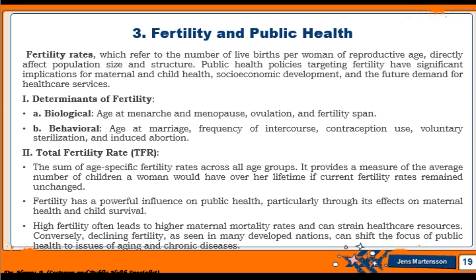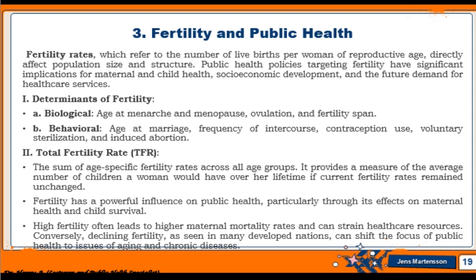On the other hand, let us see the next one, which is total fertility rate. Total fertility rate. And this is a crucial indicator of fertility, which measures the average number of children a woman would have during her lifetime. Now, assuming current fertility rates across age groups remain unchanged, the total fertility rate of about 2.1 is considered the replacement level, which maintains the population size over time.